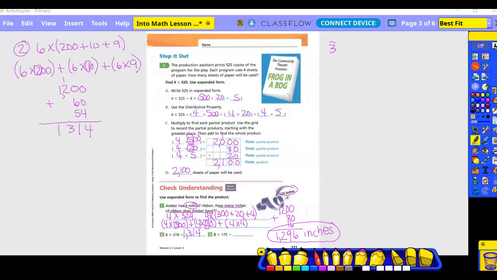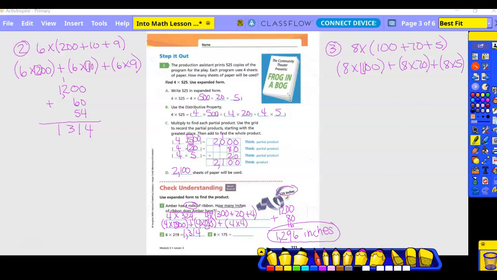Number 3, I'm going to do my expanded form. So I'm going to take 8 times and then pull apart 175. So 100 plus 70 plus 5. So each of those place values. Distributive property, 8 times 100 plus 8 times 70 plus 8 times 5.